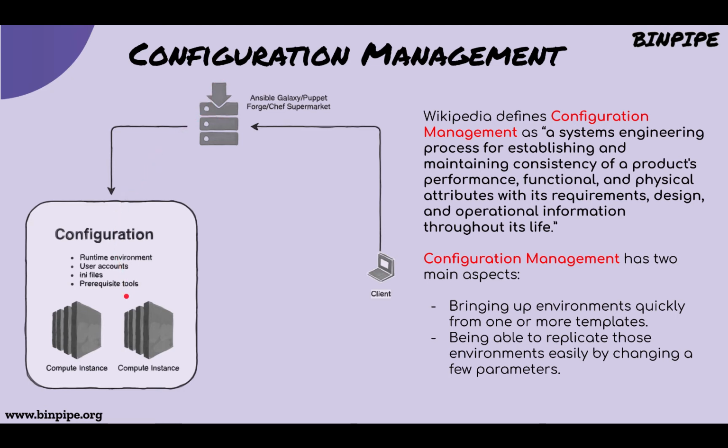So what configurations could we change using Ansible? We could install or set up a runtime environment, we could create user accounts, we could change configurations in .conf or .ini files, we could install prerequisite tools. For example, you are going to run a Java application across those 50 servers.